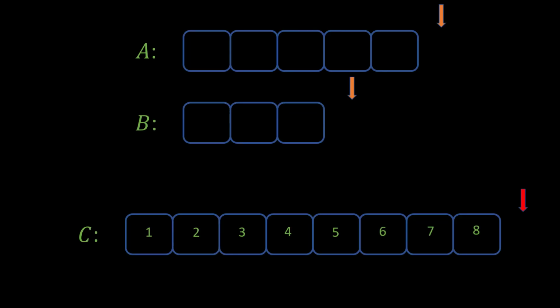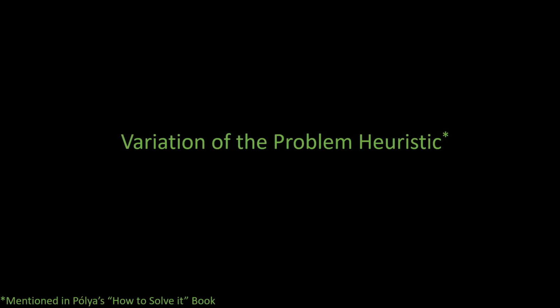See, this is an excellent example of a problem that can be solved efficiently using a problem-solving technique called variation of the problem. Now, variation of the problem is an extremely valuable problem-solving heuristic that was explained in Polya's book, How to Solve It, which is an amazing book about problem-solving.